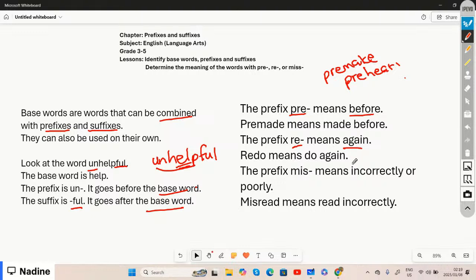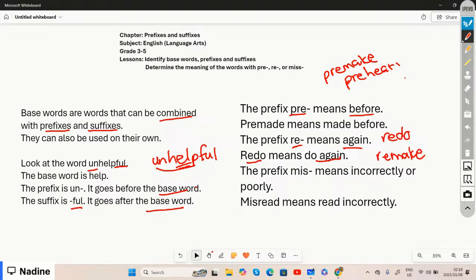So if we look at a few examples of the word re, then it's like saying redo, to do again. We can even say remake, it's to make something again. Retry, it's to try again. Repeat, rewrite, yes, it's like you're doing those things again.